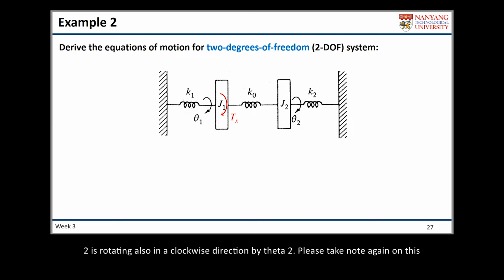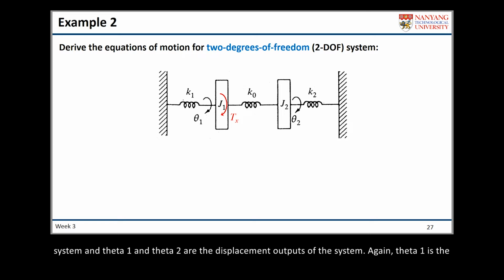Please take note again of this direction convention, similar to the live demo that you have seen in the previous few slides. Okay, so in this case, we can consider the applied torque tau x as an input to the system, and θ1 and θ2 are the displacement output of the system.